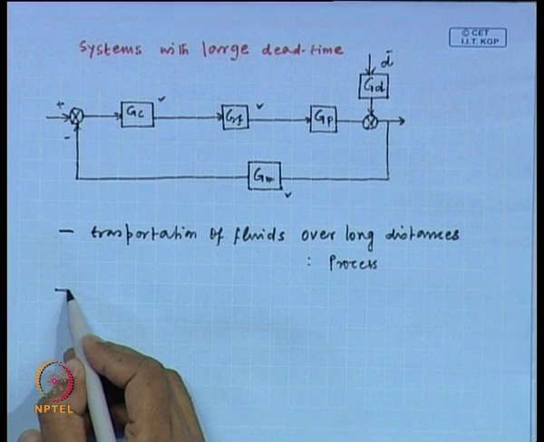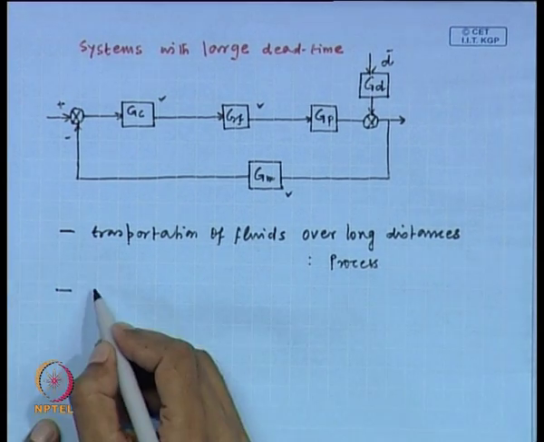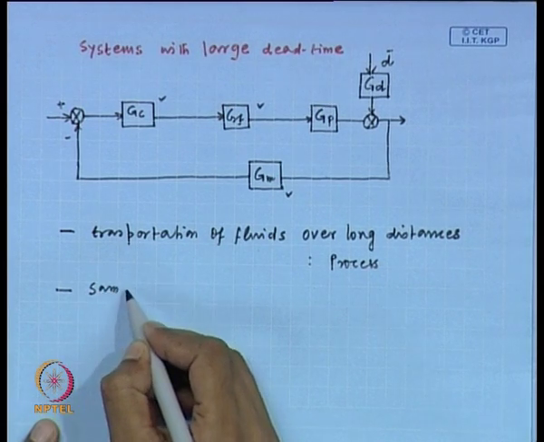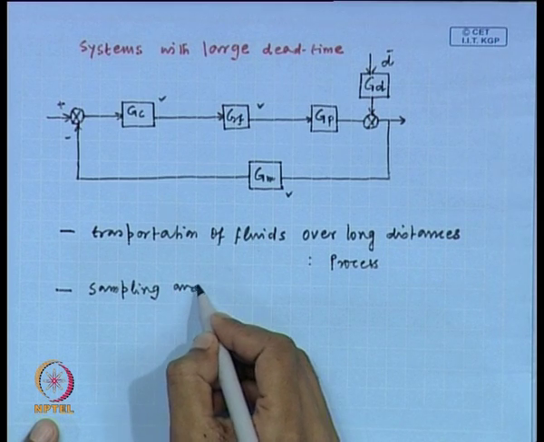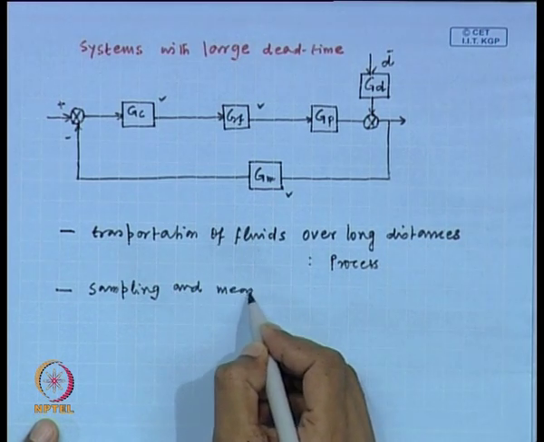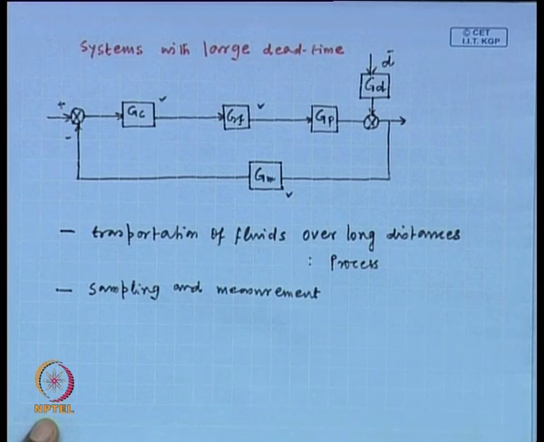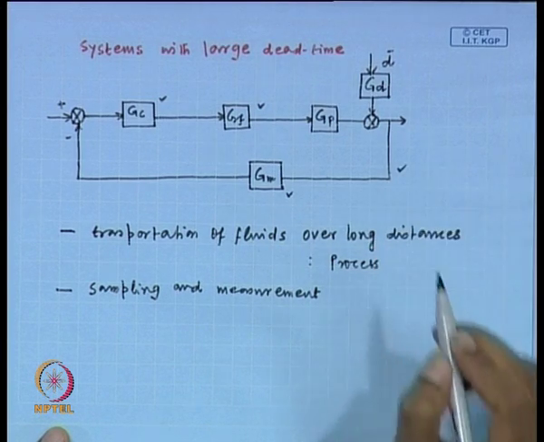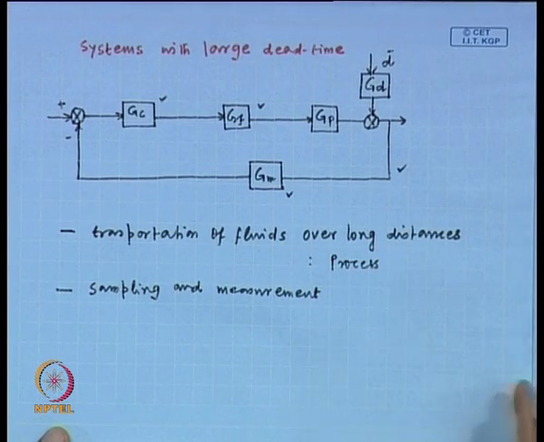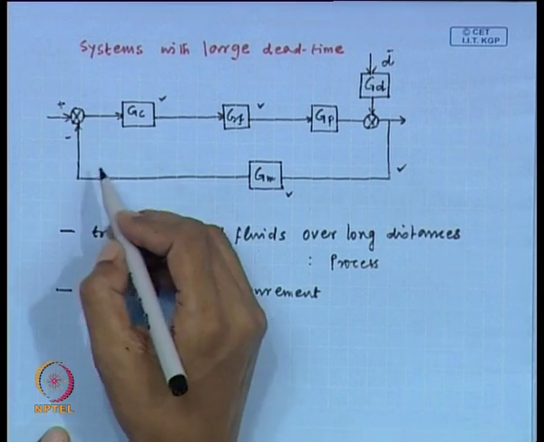Time delay is involved in sampling and measurement. It is obvious in this closed loop block diagram that the controller needs output information y.